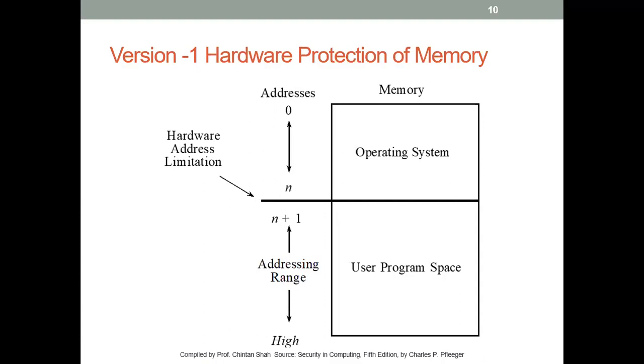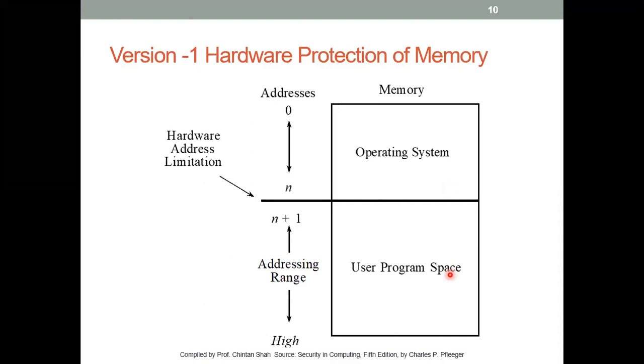You have the hardware address limit, which is dividing your memory into the operating system and the user program space. That is fine. But what if the user program space runs out of memory? As we know, memory is not infinite.